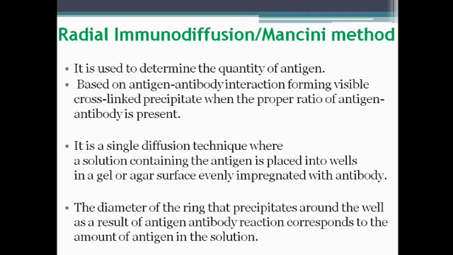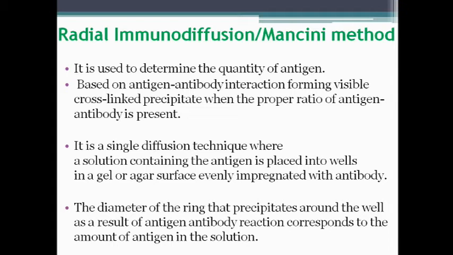The principle of immunodiffusion is based on the antigen antibody interaction forming visible cross linking when the proper ratio of antigen and antibodies is present in the medium, the agarose gel medium.